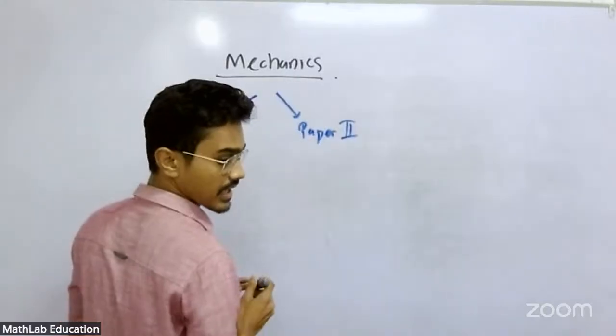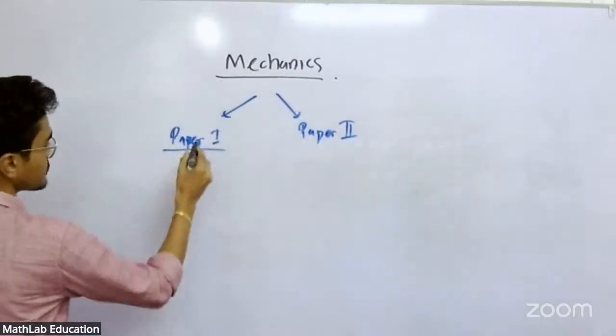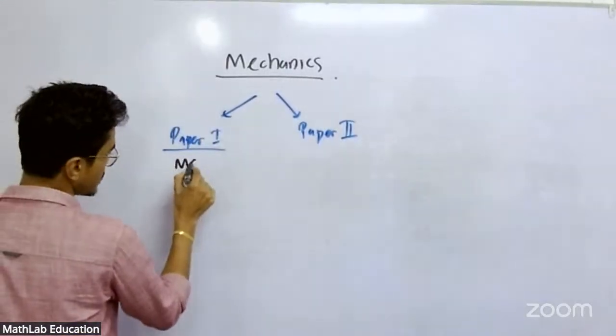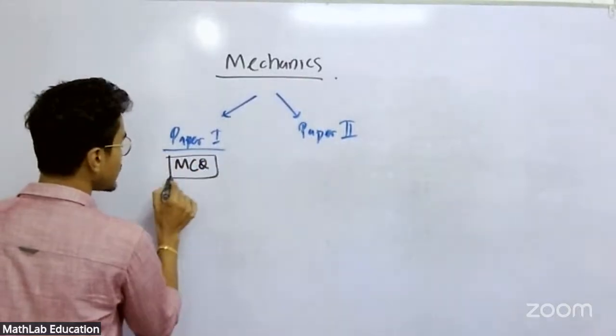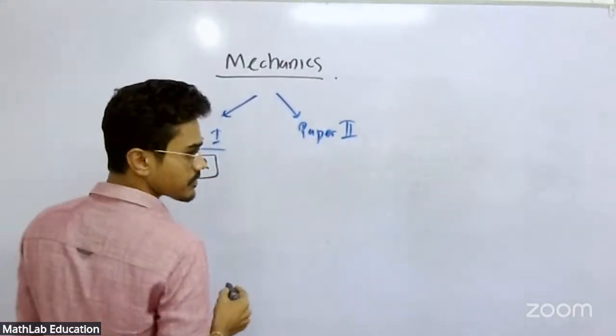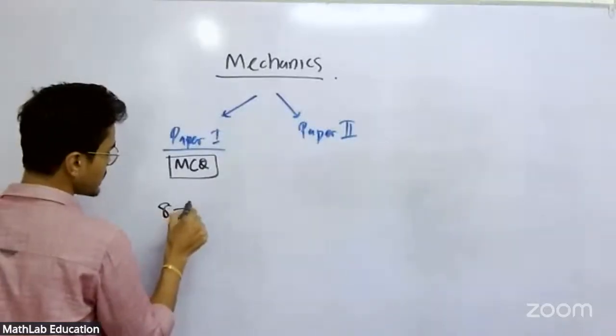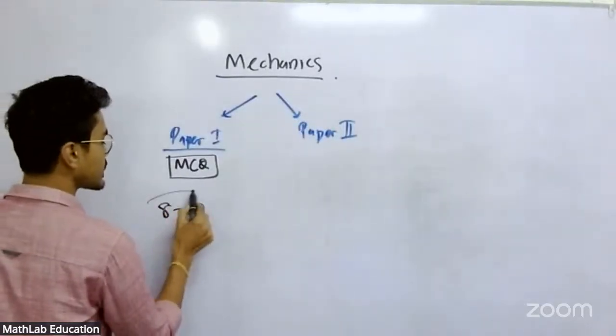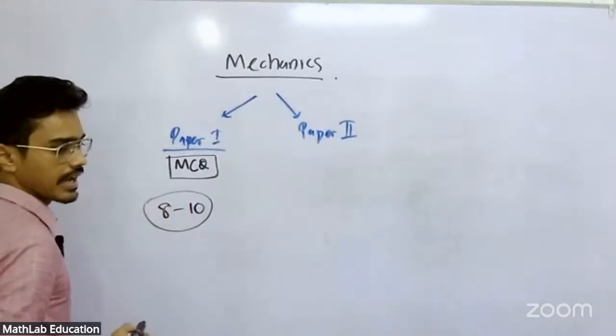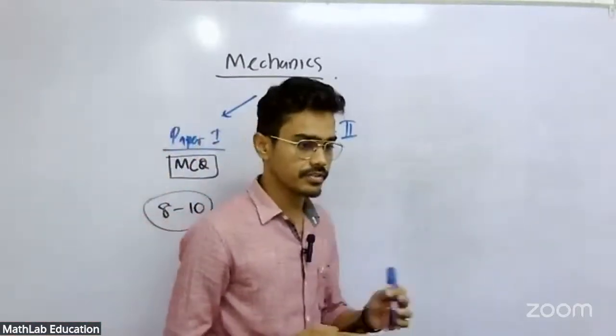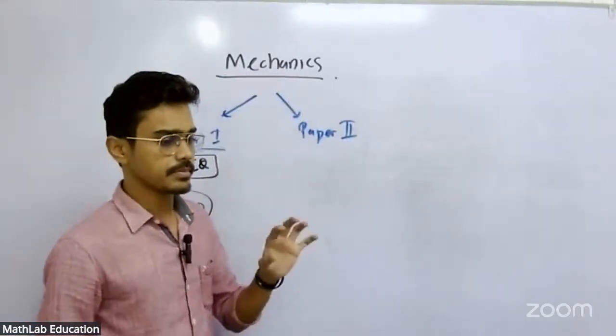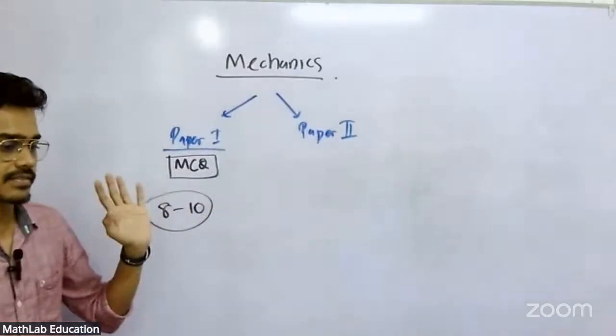Paper 1 is the paper with 50 MCQs. And from mechanics, 8 to 10 MCQs are coming. So out of 50, it contributes 8 to 10 MCQs.